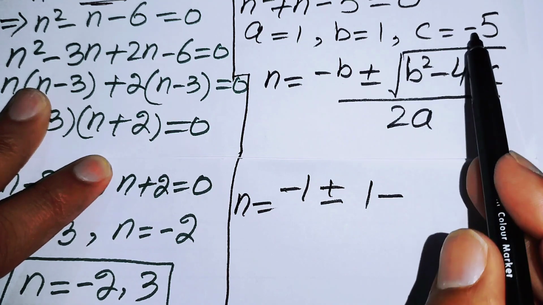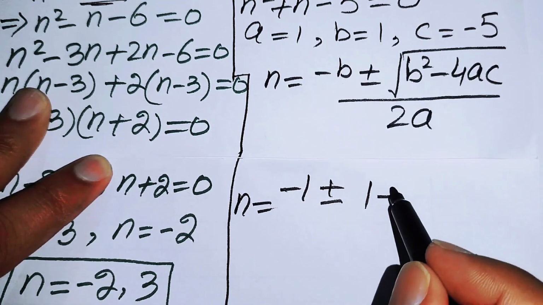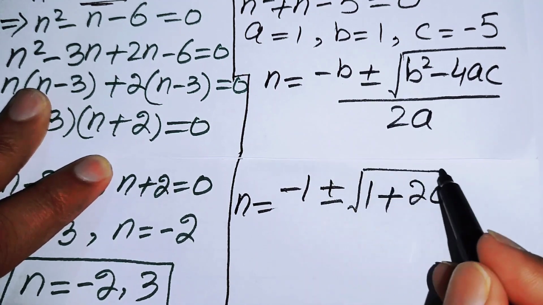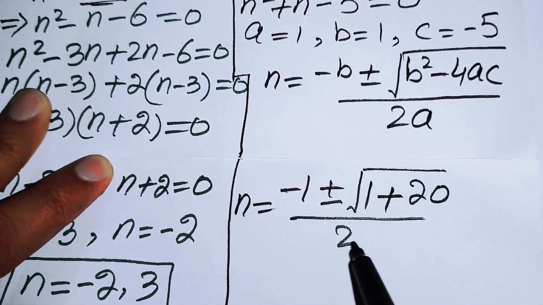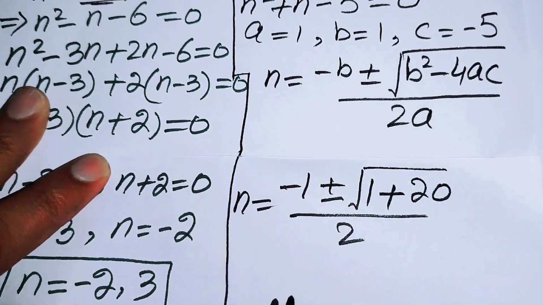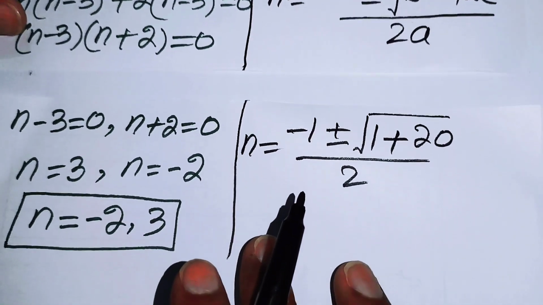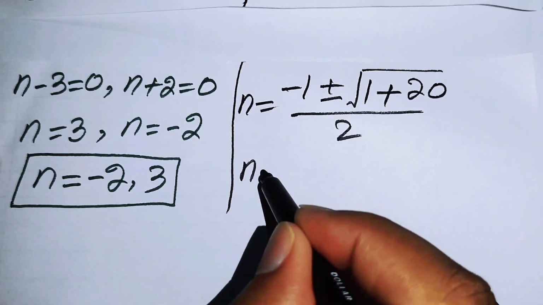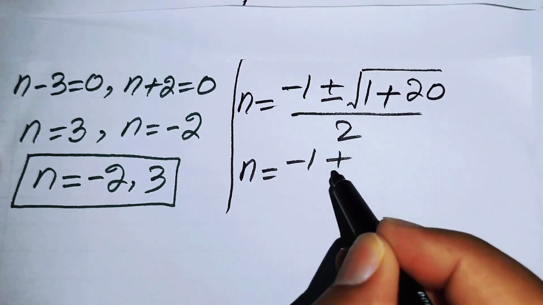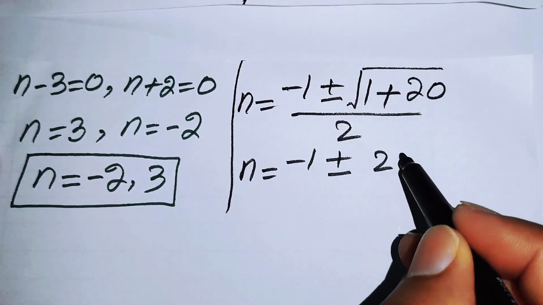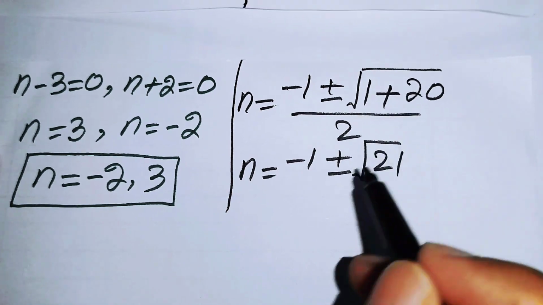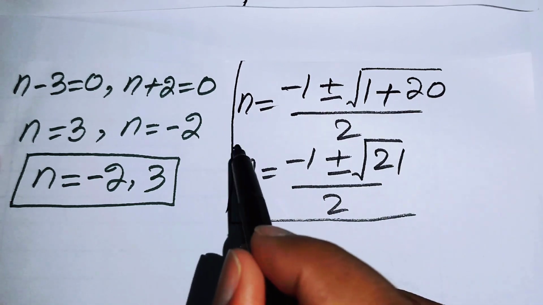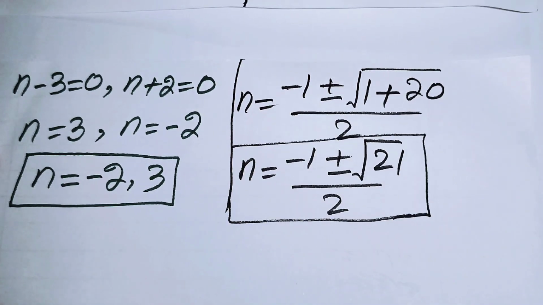So it becomes minus minus plus, and 4 times 5 is 20, and whole over 2 times a, the value of a is 1, so it becomes 2. And now we simplify the terms, and here you have n equals minus 1 plus minus square root of 20 plus 1, which is 21, over 2. So these are the other two roots of the given equation.